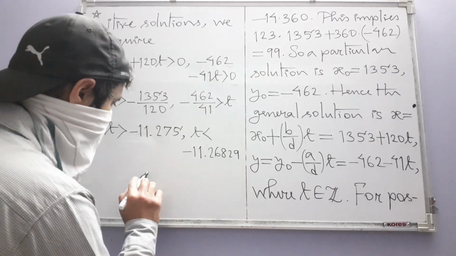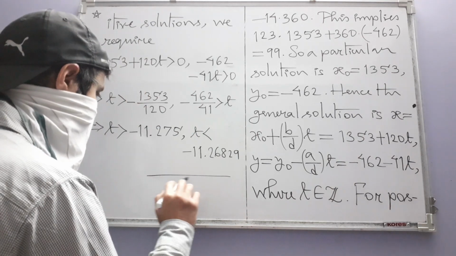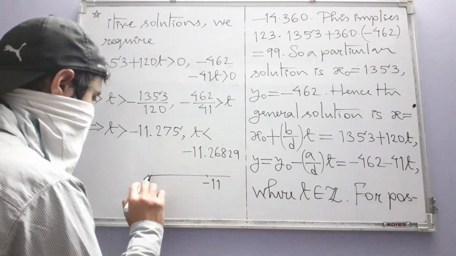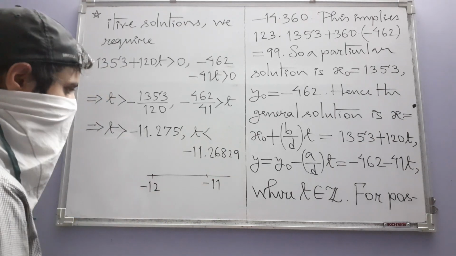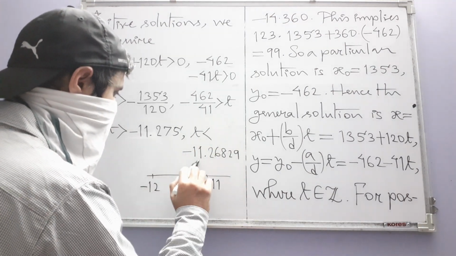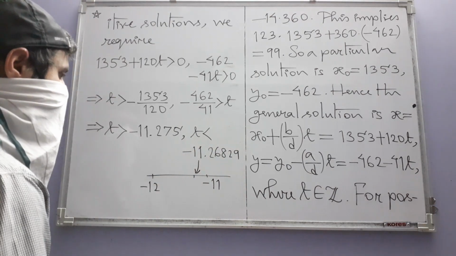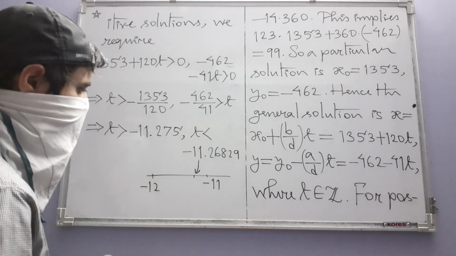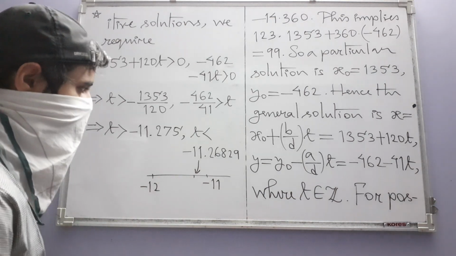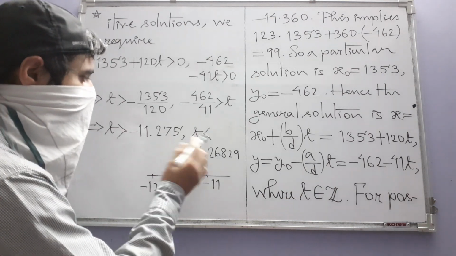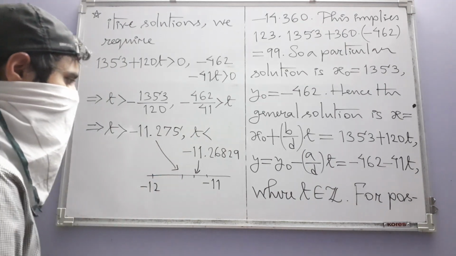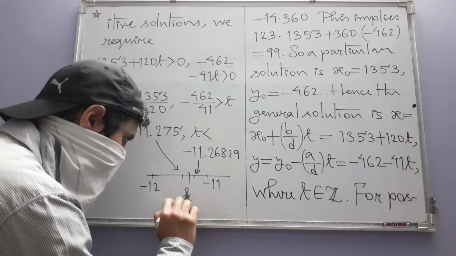If you imagine on the number line, say this is your minus 11, this is your minus 12, so minus 11.26829 is here somewhere, and minus 11.275 is slightly closer to minus 12 because it is a little more minus, and t should lie here.